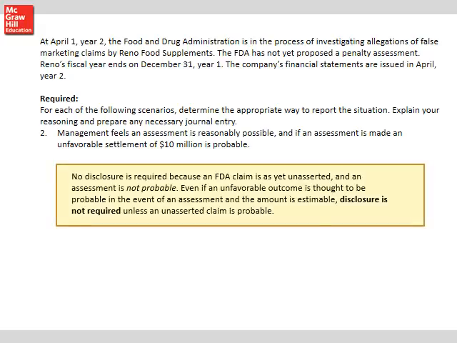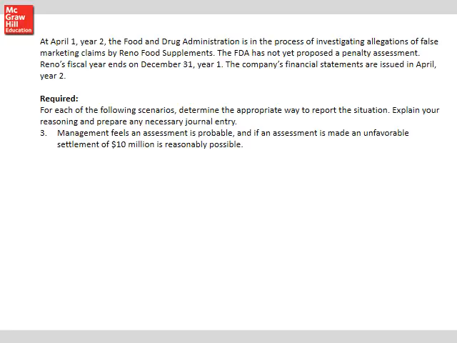Again, no disclosure is required because the FDA claim is unasserted and is not probable, even if the unfavorable outcome is thought to be probable in the event of an assessment. The amount is estimable. Disclosure is not required unless an unasserted claim is probable.